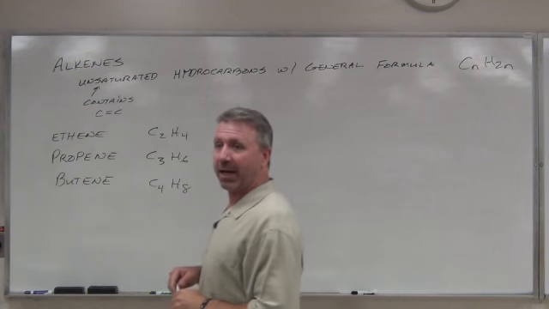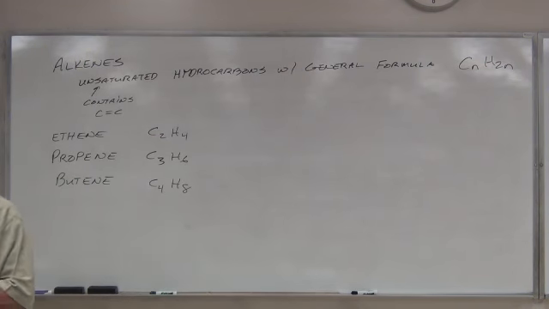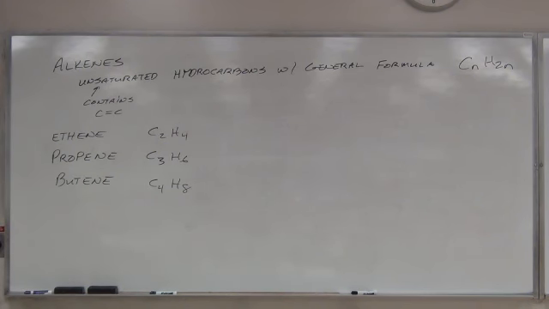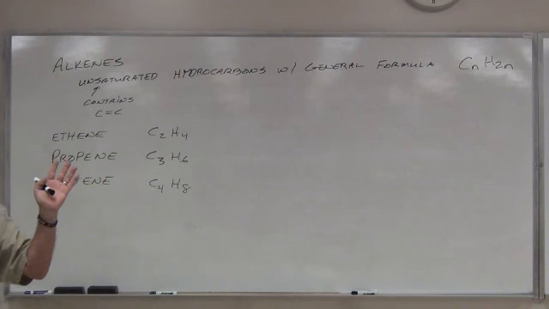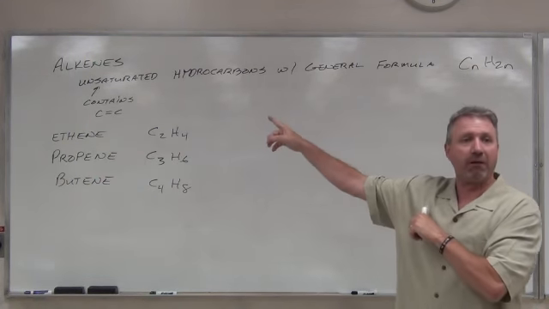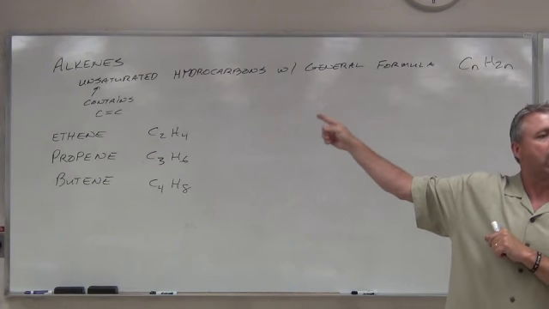Now our rules for naming are all the same, except for one thing. We now number our carbon chain with priority given to the carbon-carbon double bond and not substituted groups. We don't care where the substituted groups are. This is really our first functional group.